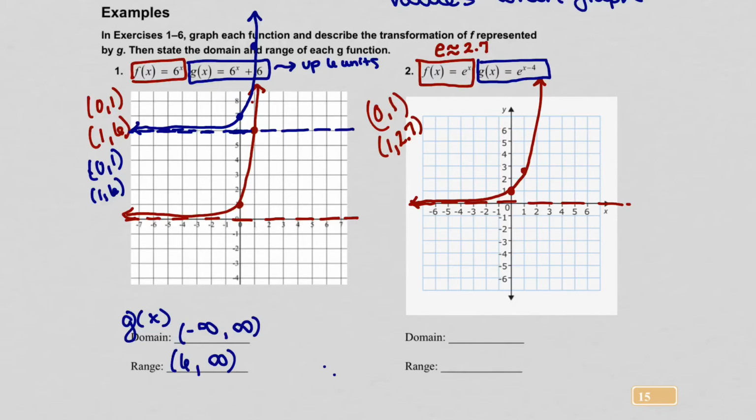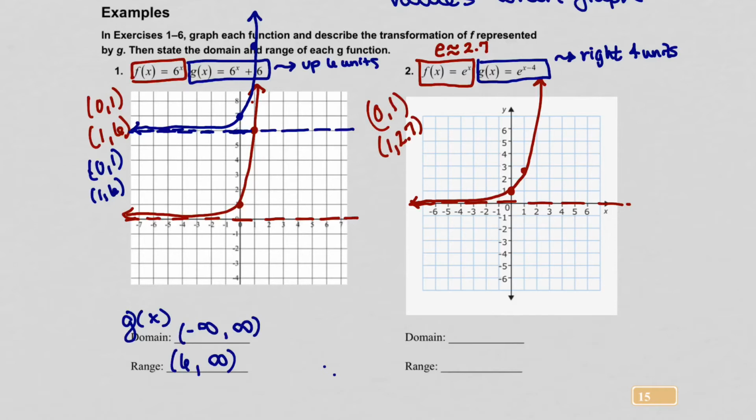I have that minus 4, but it is grouped with the x. So that indicates to me that I'm going to be moving left and right. So I know a minus 4 means I'm going to move right 4 units. Okay, now you don't have to do this next step.